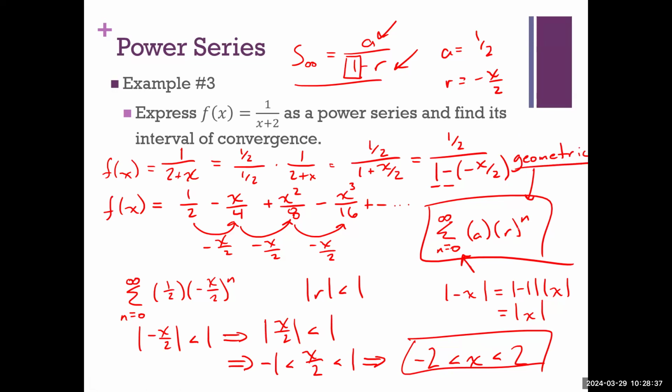In a general power series, you can talk about the first term, but most power series don't have this r. What does this r stand for? Common ratio. Most power series don't have that. Geometric series always do. Thanks for pointing that out. What else? All right, moving on.